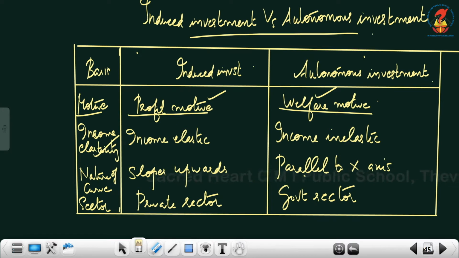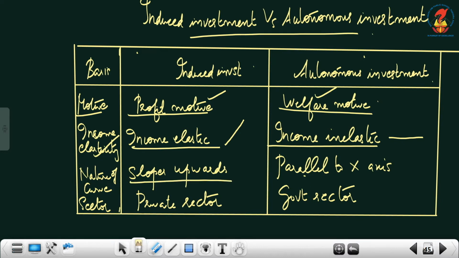Income elasticity. Induced investment is income elastic, which means what? It has a positively sloped curve. It is income elastic. But autonomous investment is income inelastic, that means the curve is parallel to the x-axis. Then comes the next one, nature of the curve.